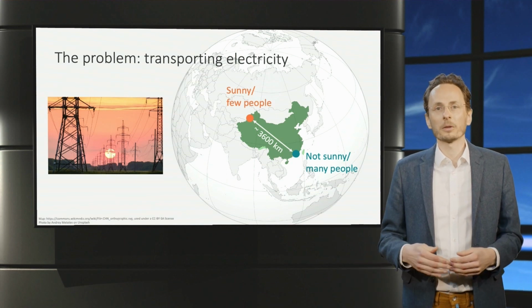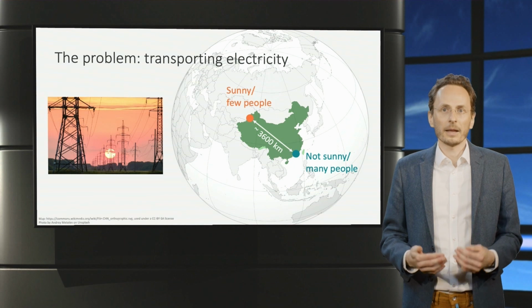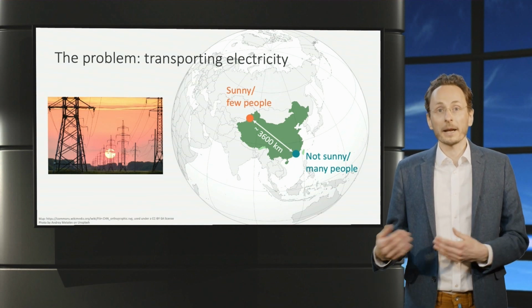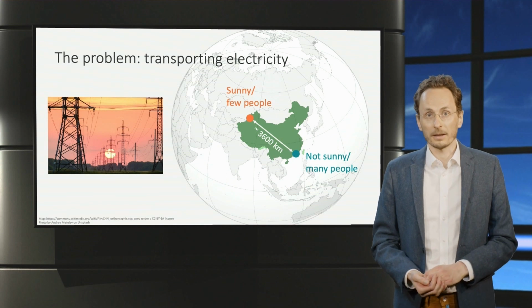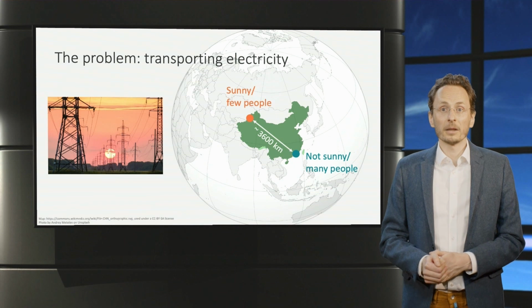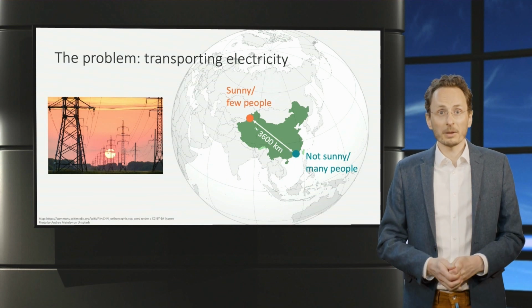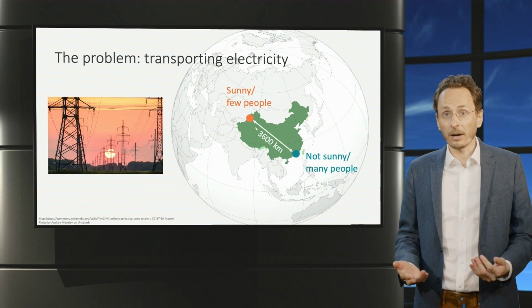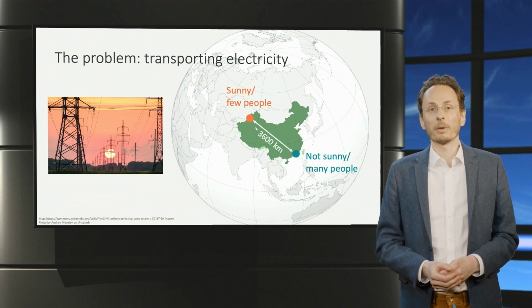For example, high voltage direct current lines, HVDC, which do not lose as much electricity along the way as the regular high voltage lines you generally see in the landscape. China is doing this, for example, in simplified terms. There are very sunny and windy parts of the country, but they are not where people live. So dedicated HVDC power lines bring the electricity to where it is needed.